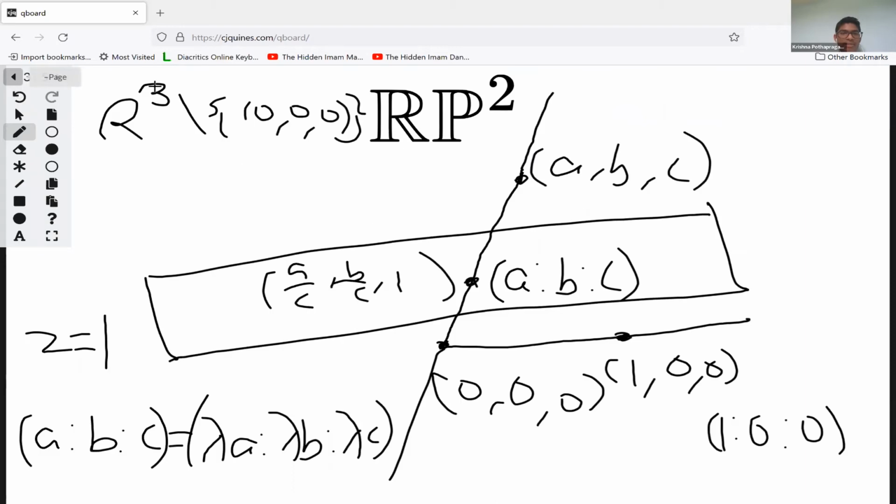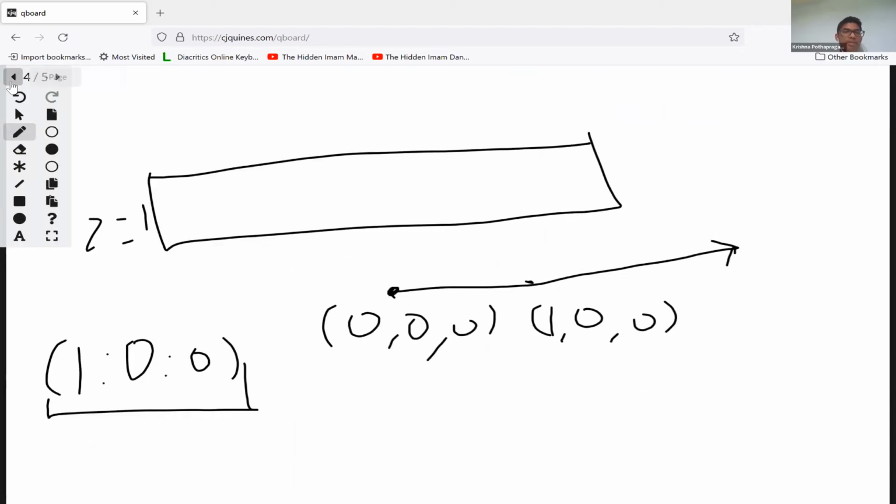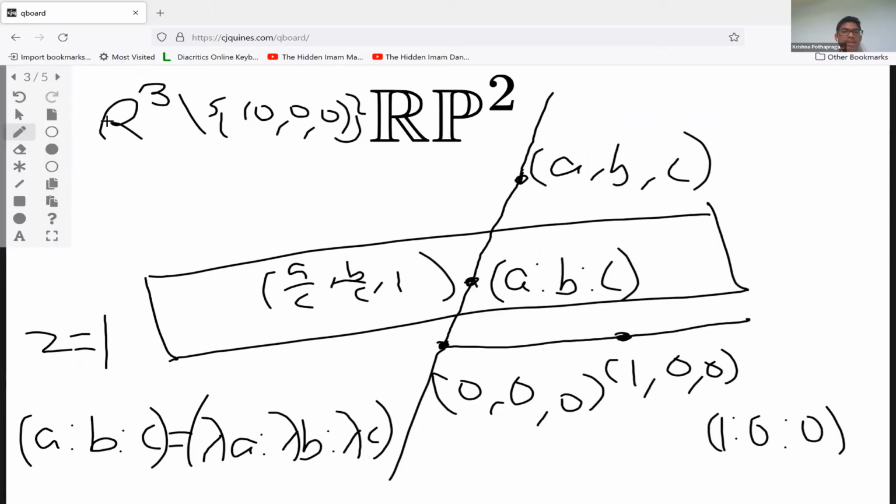But basically, the recap of the last 3 slides is that we take the set of points in 3D space, and we act as if we're looking at 3D space centered at 0, 0, 0, and our eye lens is z equals 1.